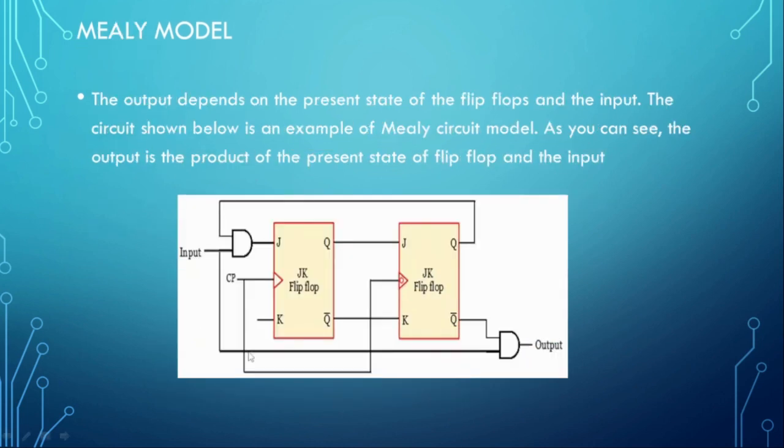And in the Mealy model there are some changes. The output depends on the present state of the flip-flop and the input. In both the Moore and Mealy models, the output depends on the present state, that is Q. But in the Moore model, the output is not going to depend on the input, whereas in the Mealy model, the output depends on the present state of the flip-flop and it also depends on the input.